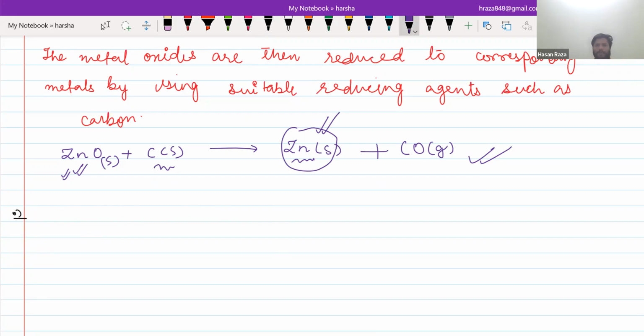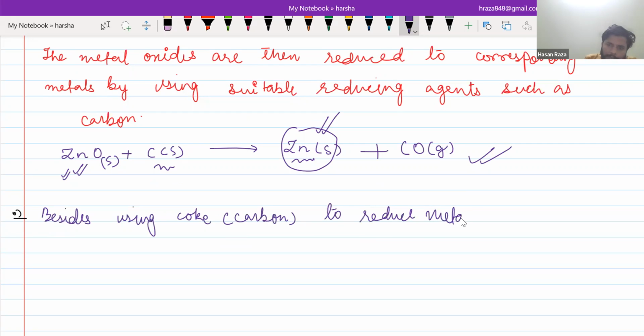So the first is basically, besides using coke, that means carbon, to reduce metal oxide to metal.